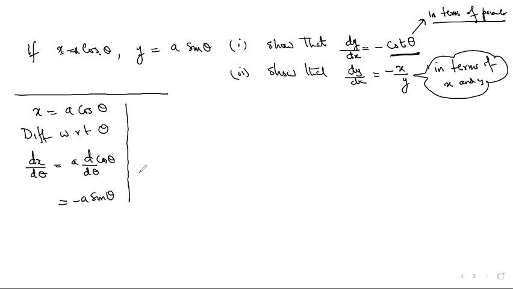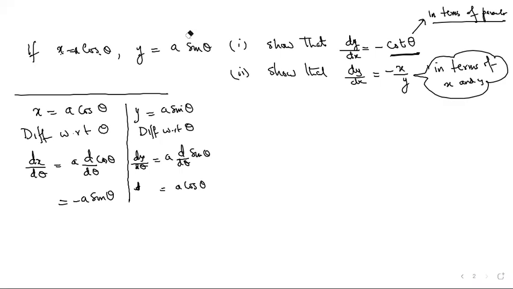Then I'll take y equal to a sin theta, then differentiate again with respect to its variable. So dy by d theta is a into the derivative of sine theta, so that is a cos theta.